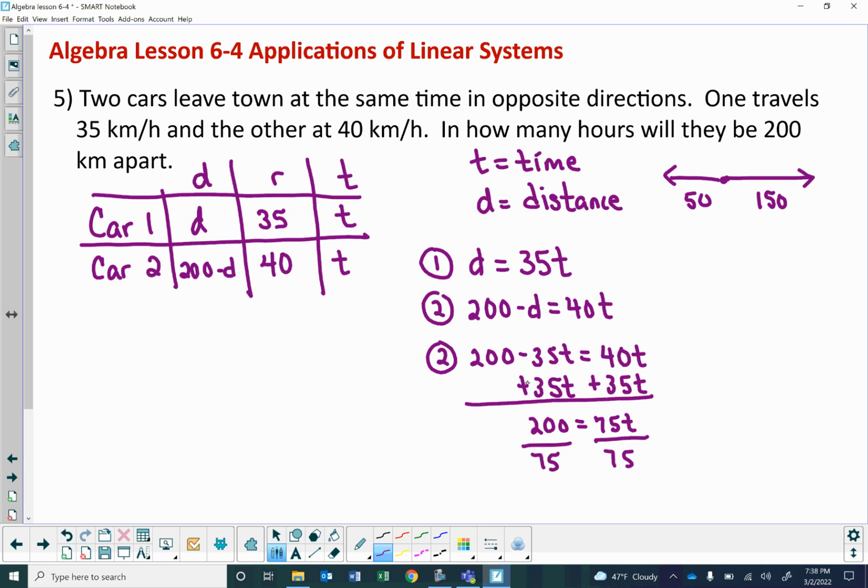And t equals 200 over 75, which would reduce. I wouldn't leave it as an improper fraction in this particular case, just because that's not going to make sense to somebody. So if you divide 200 by 75, you get 2 2/3. So I would not leave this as 8/3. I would definitely leave it as 2 2/3. So in how many hours will they be 200 kilometers apart? They will be 200 kilometers apart in 2 2/3 hours.